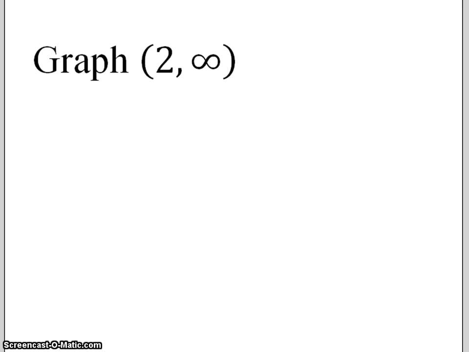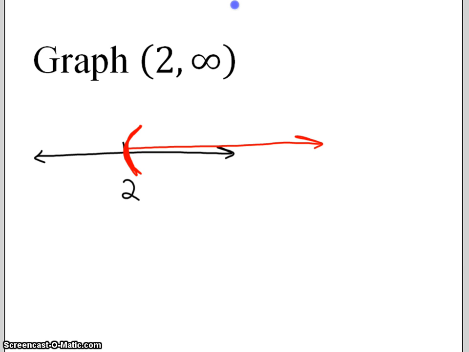Let's look at another one. Graph the interval from 2 to positive infinity, but don't include 2. Let's put 2 as our endpoint. We put a parenthesis at 2, and since we're going from 2 to positive infinity, we go to the right, because that's where positive infinity is. We shade to the right and put an arrow at the end.